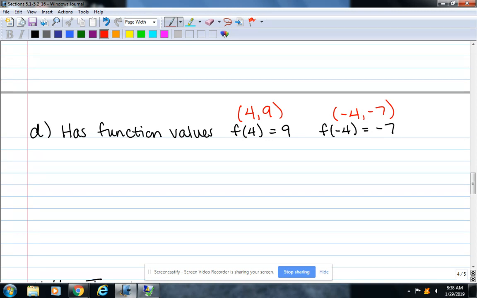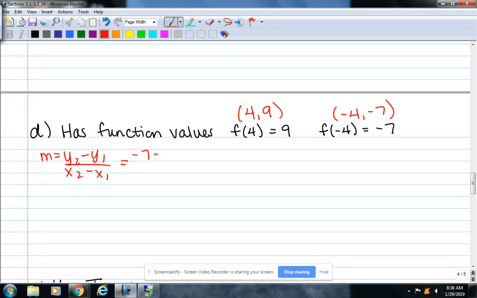So, if I'm writing an equation of the line in slope-intercept form, what do I need to find first? Got to get slope first. You can't get b without m. Okay? So, m equals y2 minus y1 over x2 minus x1. What is my y2?